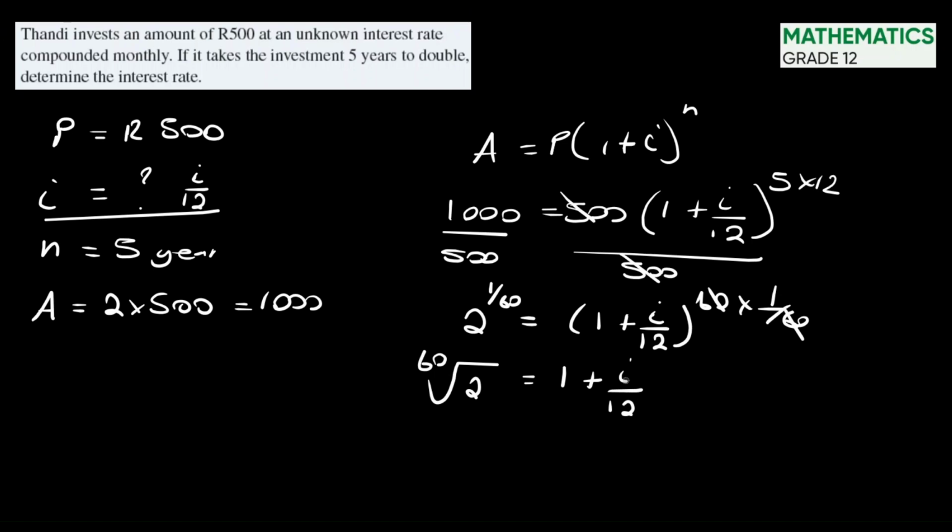Now we can just really solve for i. How do we solve for i? We take everything on the other side that we don't want. Bring the 1 to the other side, which will be minus 1, equals i divided by 12. So this is one thing. What we can do, we can multiply everything by 12.